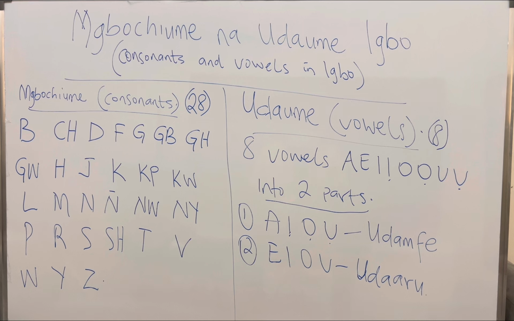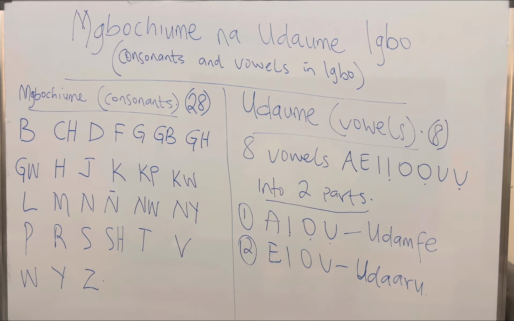Then there is something common which differentiates them from each other. Where we have I and the E, the difference there is that the E has a dot beneath.